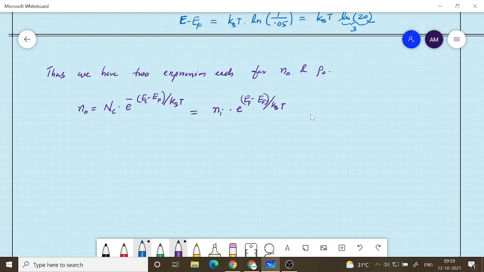So these are two alternate ways of writing. And similarly P0, I can write it as Nv, this is yesterday's formula that we derived, into e raised to minus (EF minus EV) by kBT. I can also write it as Ni, since Ni and Pi are the same, into e raised to (EFI minus EF) by kBT.